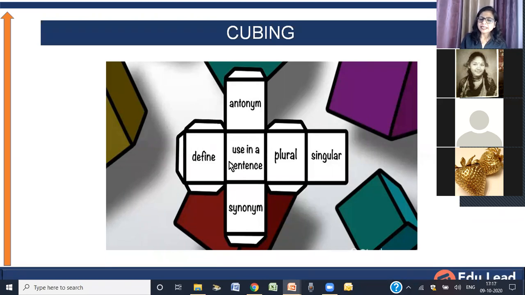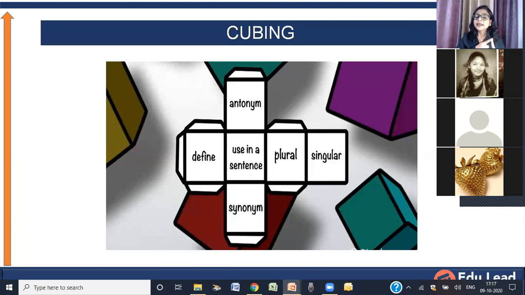I'm just taking this as an example: use it in a sentence, define, antonym, plural, singular, synonym. While I speak a word, one person will define, another will write an antonym, another a synonym, plural, singular, and so on. It's a group activity. Whoever is struggling, the group will help.